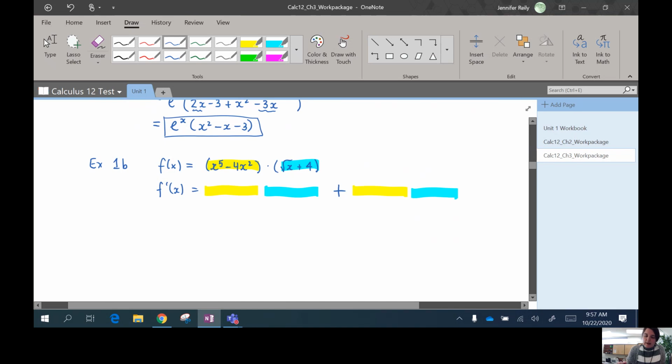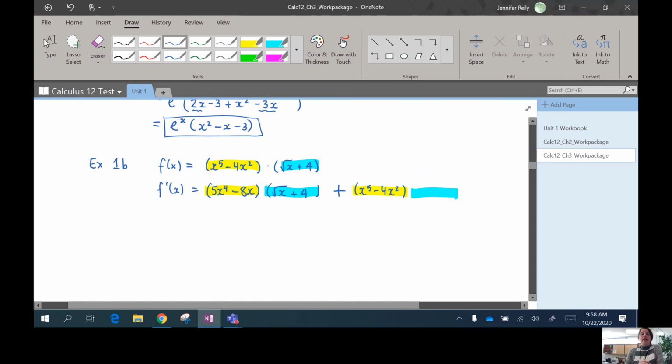In this case, the derivative of x to the power of 5 is 5x to the power of 4, and for 4x squared, the 2 would come down to be 8x. We leave the second term alone for the first part. And here we're going to leave the first part alone, so it'll be x to the power of 5 minus 4x squared.